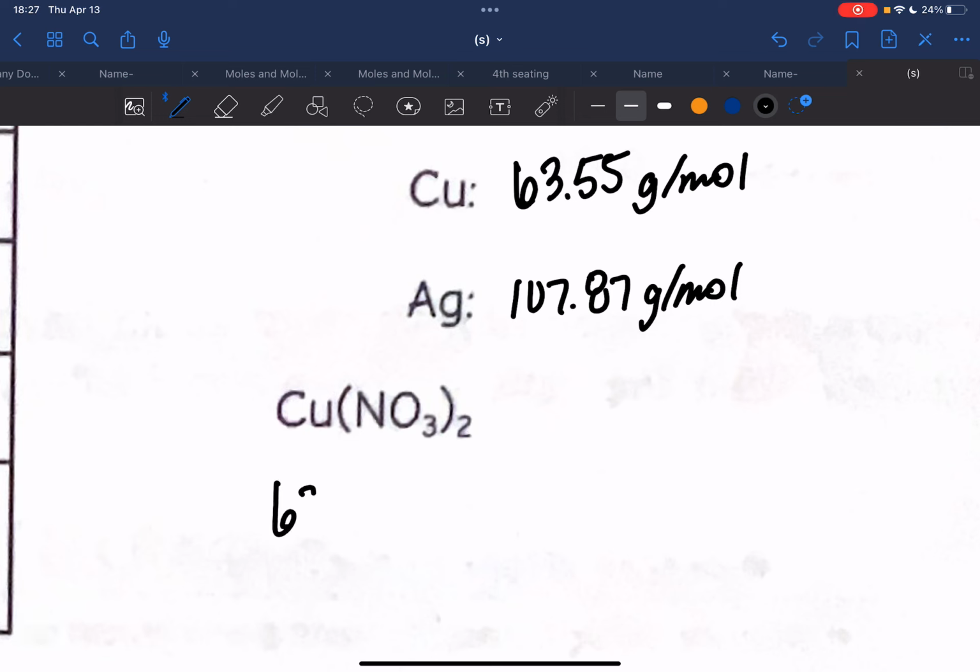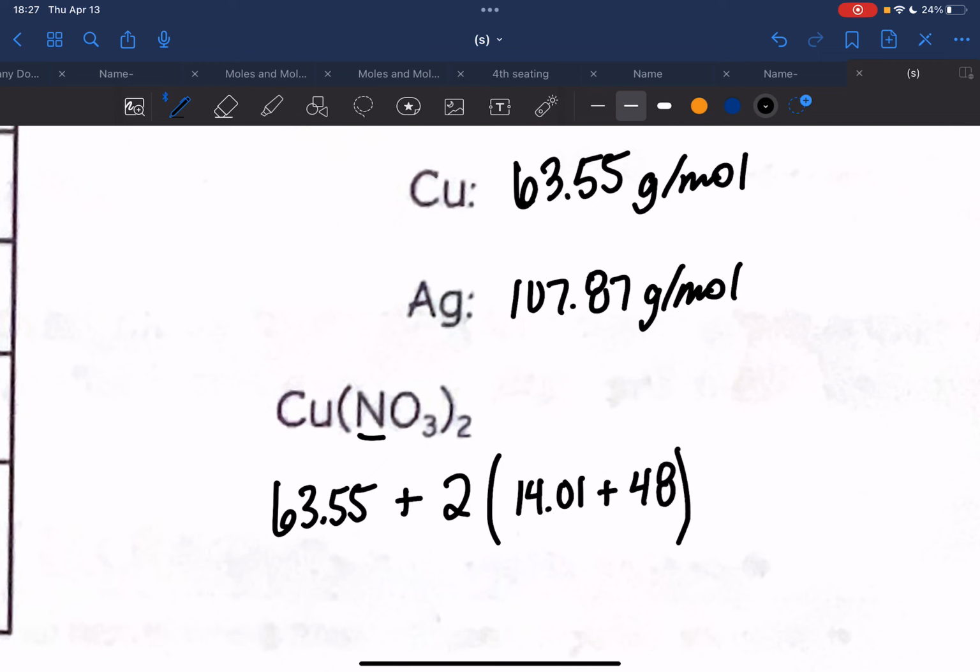And then for copper nitrate, what we're going to have to do is take the 63.55 for copper. And the way that I'm going to do this is I'm going to notice that I have 2 nitrates. NO3 is nitrate. So I'm going to say 2 times, and then I'm going to add up the molar mass of a nitrate. So that's going to be 14.01 for my nitrogen, and again 3 oxygens, that's 48.